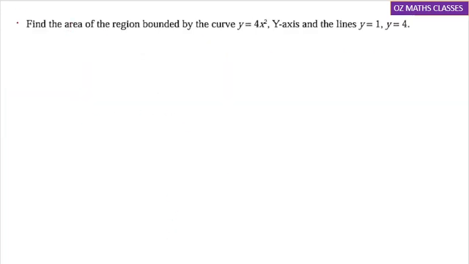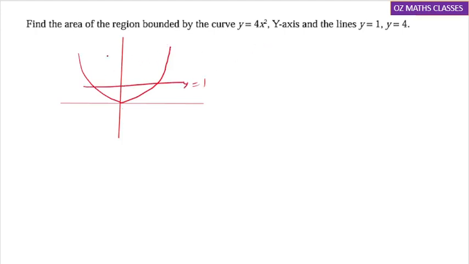One more problem is there: find the area of the region bounded by the curve y equal to 4x square, the y axis, and the lines y equal to 1 and y equal to 4.